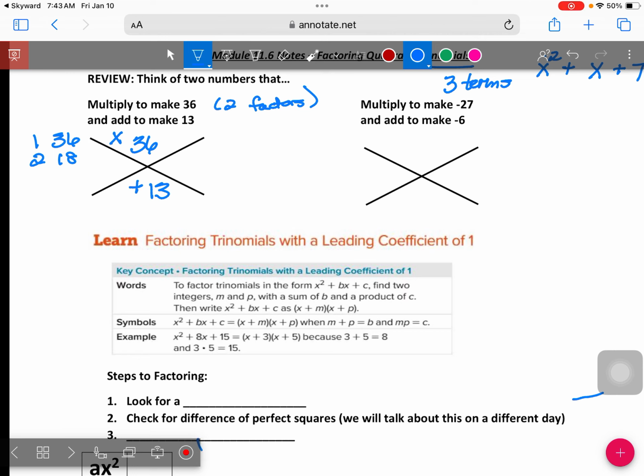No. 3 and... What's the other factor with 3? 3 and 12. 3 plus 12, does that add to 13? No. 4 and 9. Does that add up to 13?